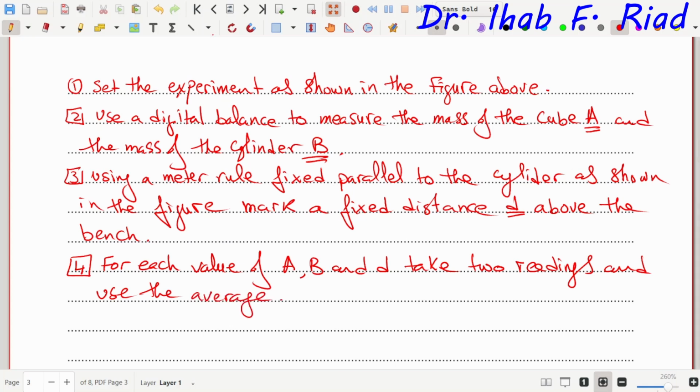What does this mean? For the value of A, we take 2 readings. For B, we take 2 readings. For D, we take 2 readings. Then we calculate the average value for A, B, and D. And these are the values that we are going to use later on.